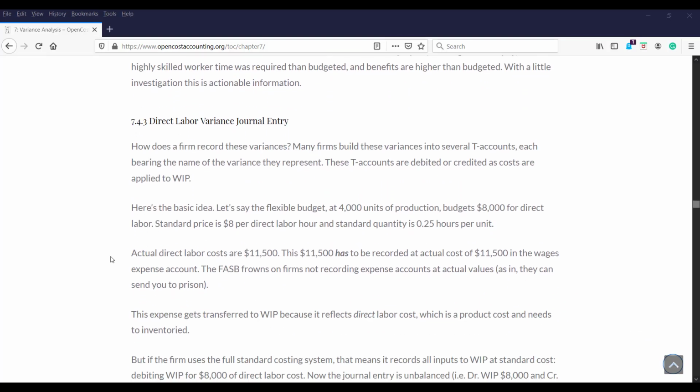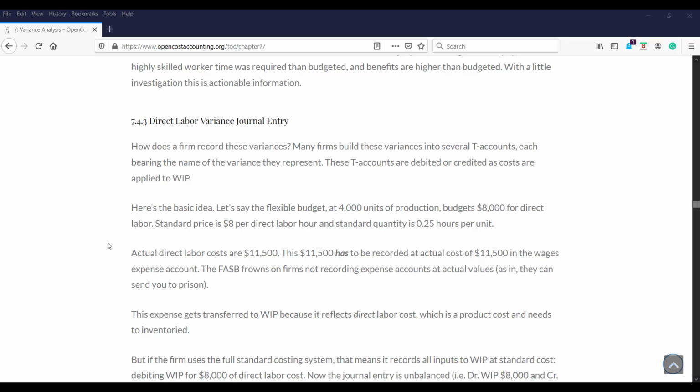Now, as far as the direct labor variance journal entry, as promised, traditional variance analysis in terms of the direct labor, direct materials, and overhead variances can all be done automatically within the T accounts and within the journal entries in the accounting system. This makes it much more automatic and produces variances that are easier for companies to use immediately.